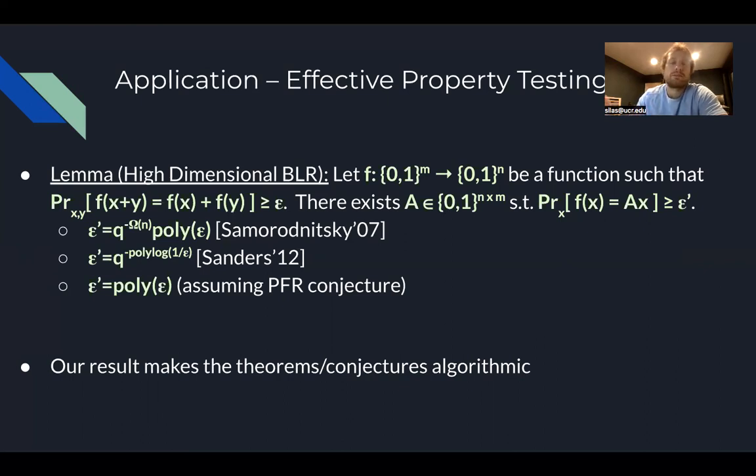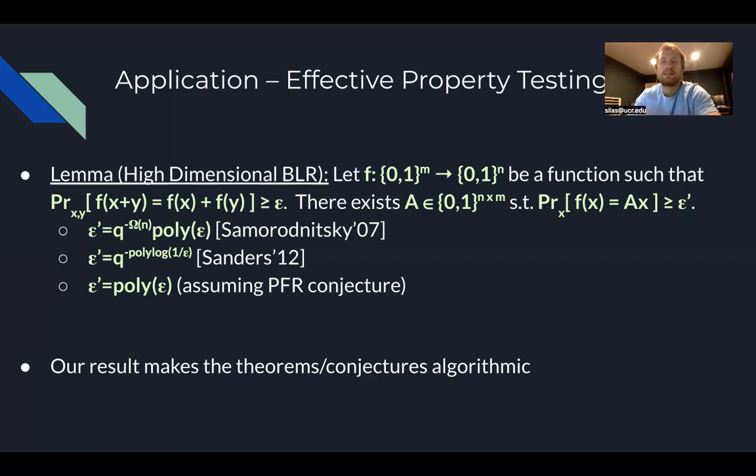And there are theorems which give relationships between epsilon prime and epsilon. The best is a conjecture. Theorems of this type are much harder to prove than the original BLR test.